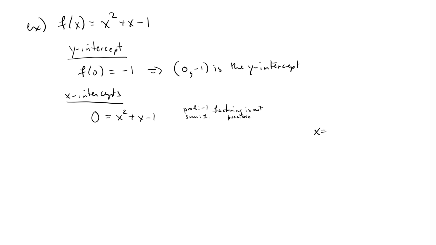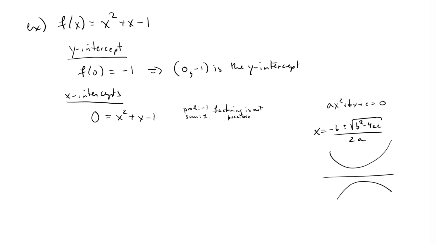When you're trying to solve ax squared plus bx plus c equals 0, x is minus b plus or minus the square root of b squared minus 4ac, over 2a. If b squared minus 4ac turns out to be a negative number, you don't have any roots. If you don't have any roots, you don't have any x-intercept. No x-intercept means the graph would be like that or like that. But if you do have roots, that means it's going to cross the x-axis.